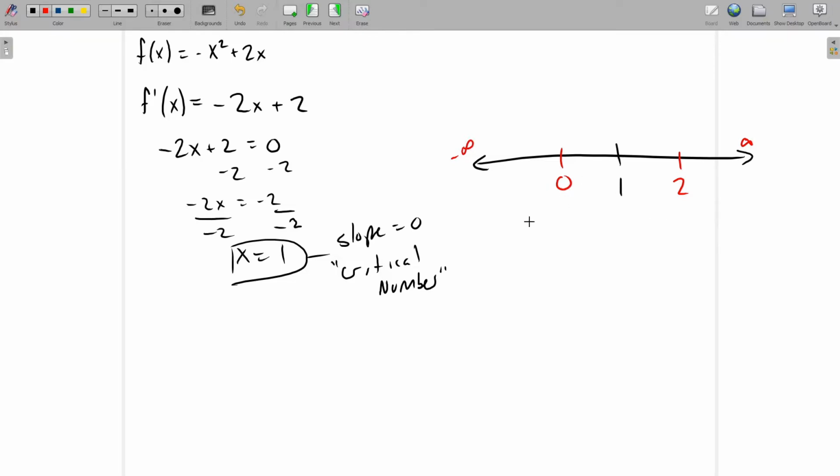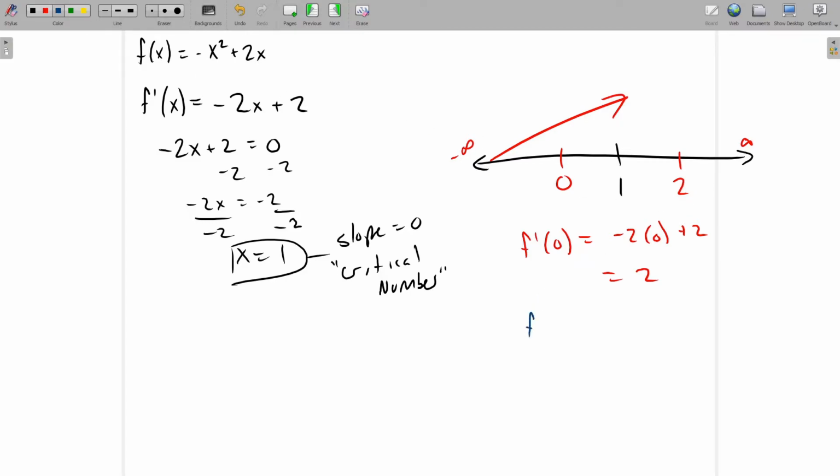What I'm going to do with these test points is plug them into the derivative. So if I plug in 0, we end up getting 2. And we don't really care about the number so much as we care about the sign of the number. So this is a positive 2, which means that everything in this interval from negative infinity up to 1 is increasing.